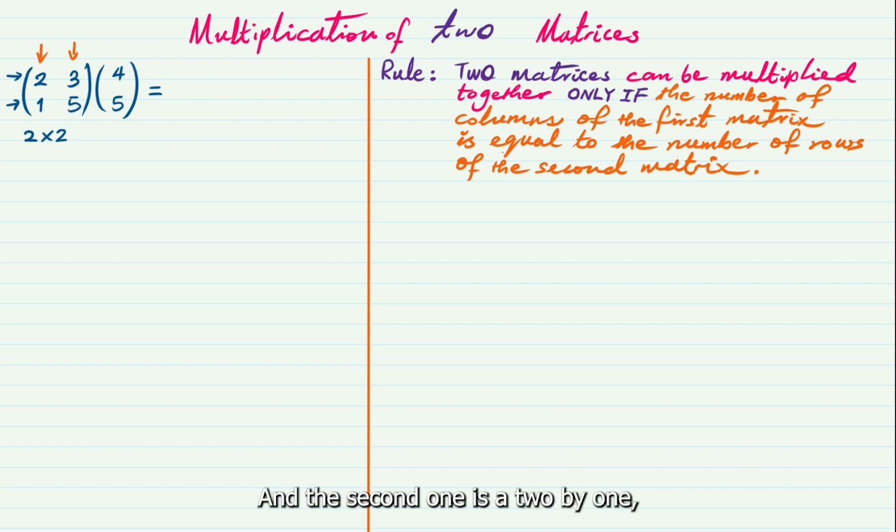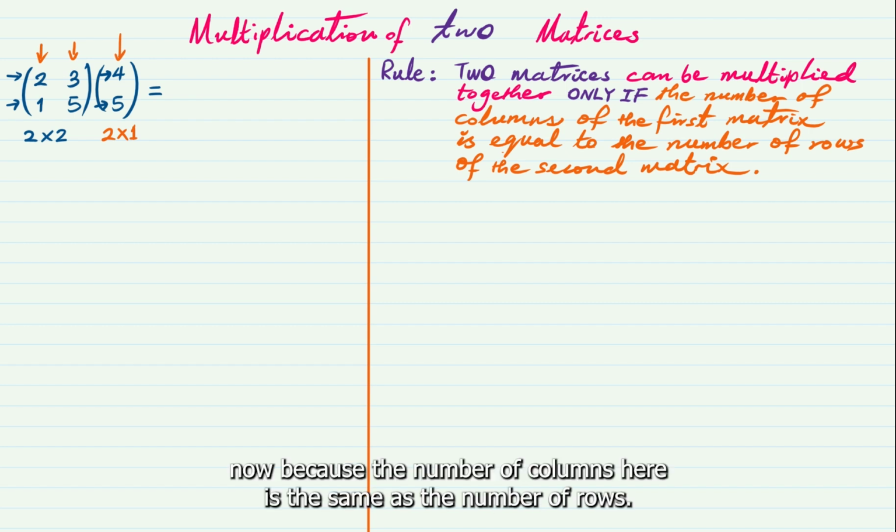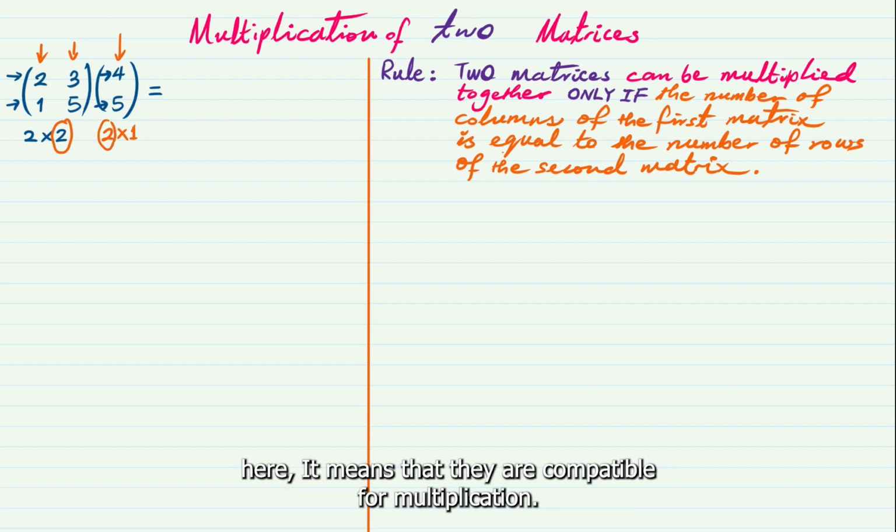Okay, and the second one is a 2 by 1, which means it's got 2 rows, row 1, row 2, and then 1 column. So it's a 2 by 1. Now, because the number of columns here is the same as the number of rows here, it means that they are compatible for multiplication.